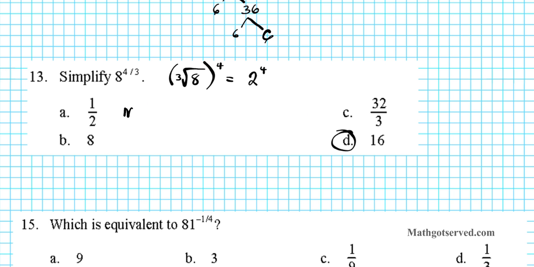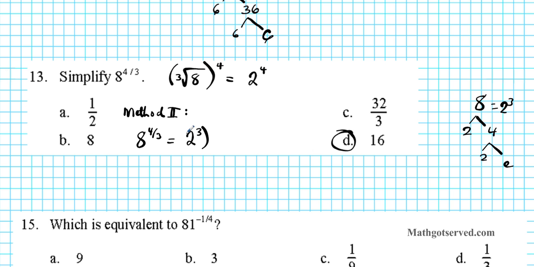If I wanted to do it another way, method 2, the second method I stated earlier is you express 8 as a power of prime exponents. So 2 goes into 8 4 times, and then 2 goes into 4 twice. So 8 is 2 to the 3rd. So basically 8 to the 4/3 will become 2 to the 3rd, and that raised to the 4/3 power.